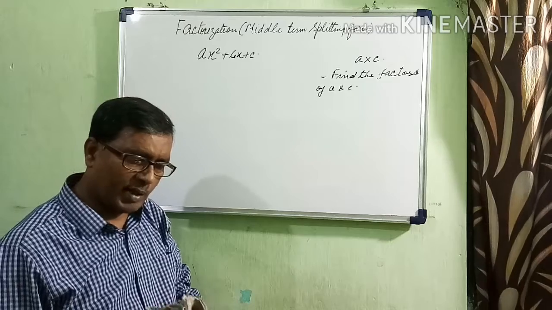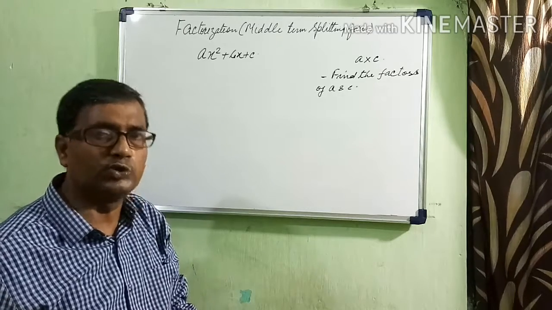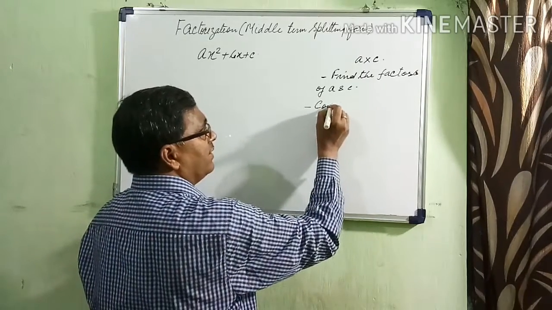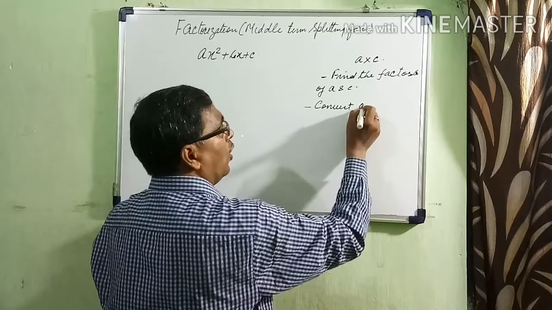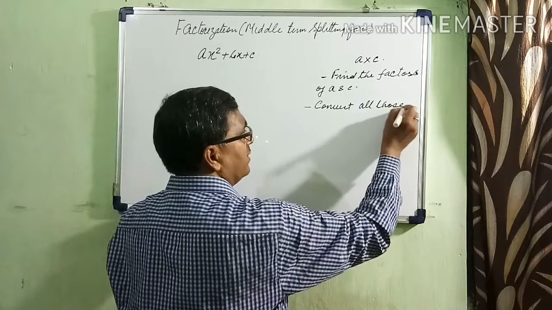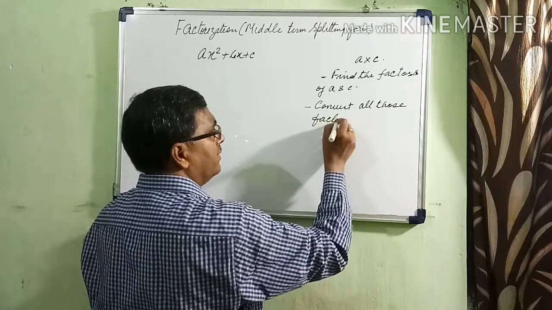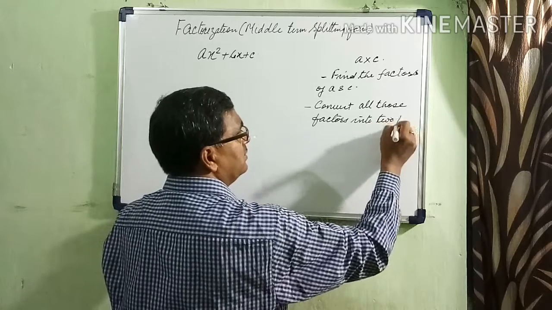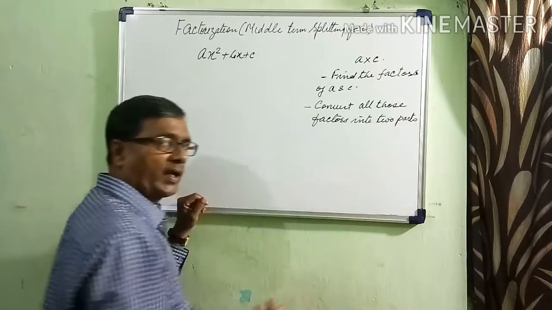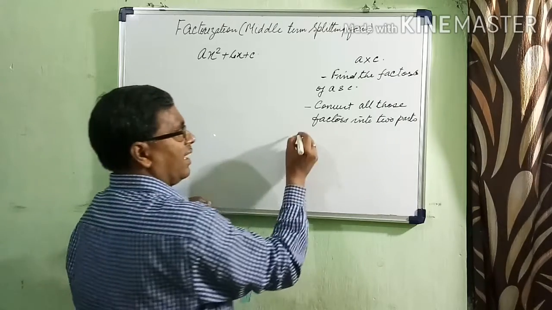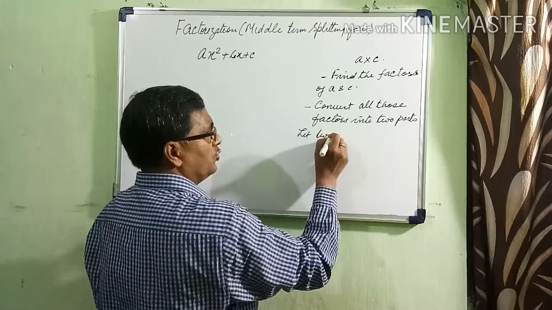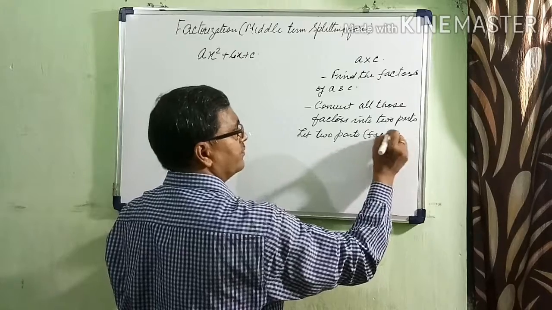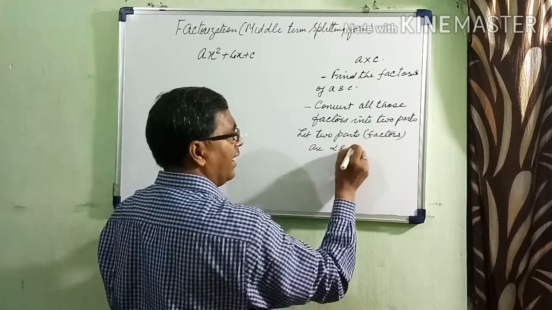It doesn't matter, but if there are more than 2, you have to convert all those factors into 2 parts. Two parts means 2 factors. Let these 2 factors be alpha and beta.